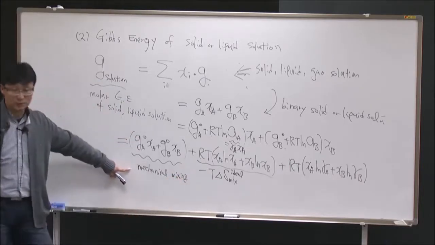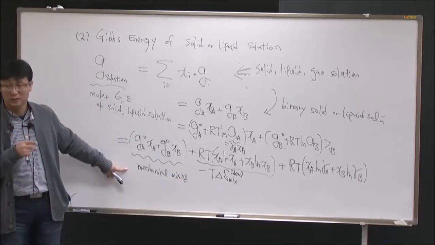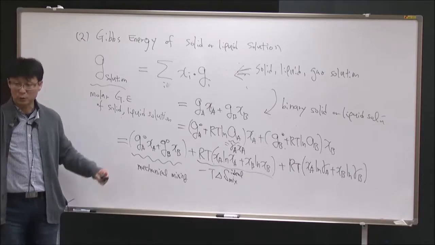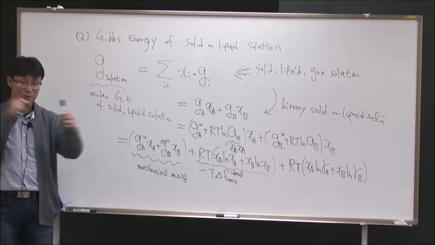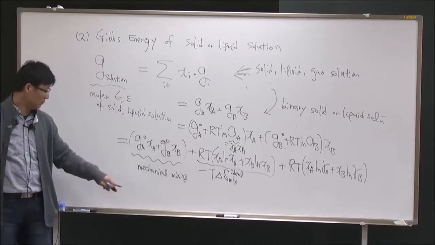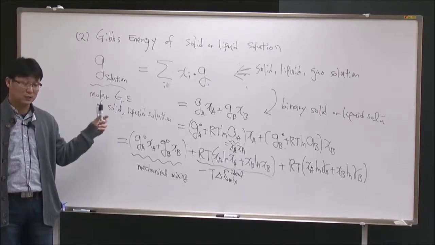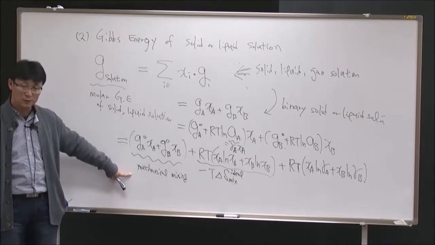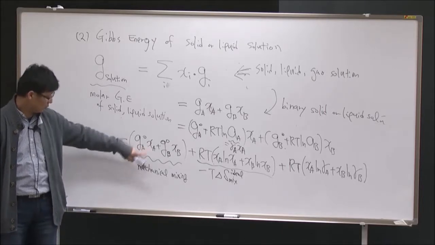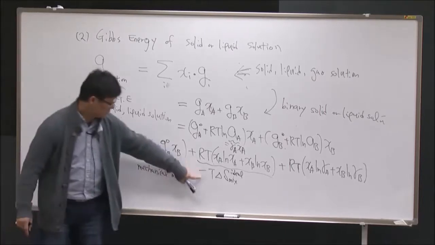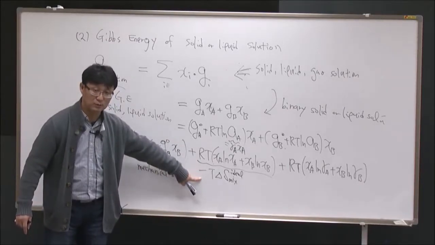Mechanical mixing means there's no chemical interaction. So you have the pure A, pure B, linear interpolation from the pure A to the pure B, mechanically. There's no chemical solution, it's mechanical. Just summation of pure to pure. So this is linear from pure A to pure B, and this is the minus T ideal entropy term.